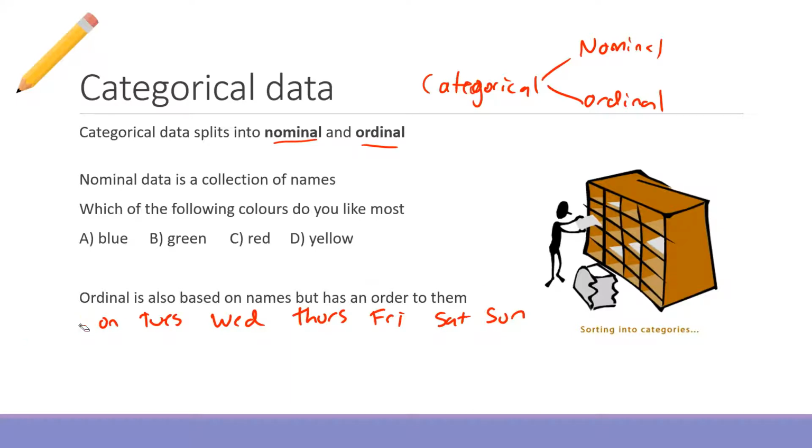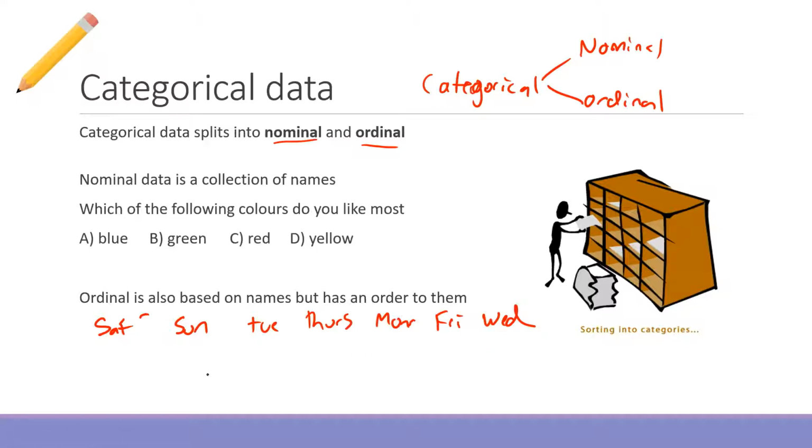But notice how I've written it down. I could have written it down like this. If I said, what is your favorite day of the week? I could have written it down like this. I was going to do it in alphabetical order, but I kind of stuffed up.